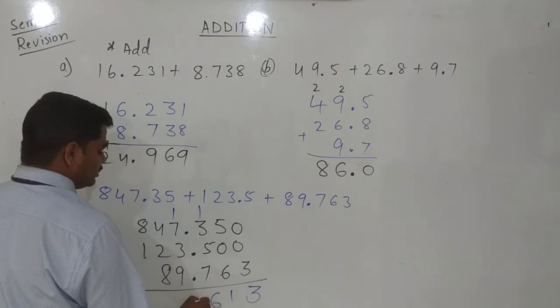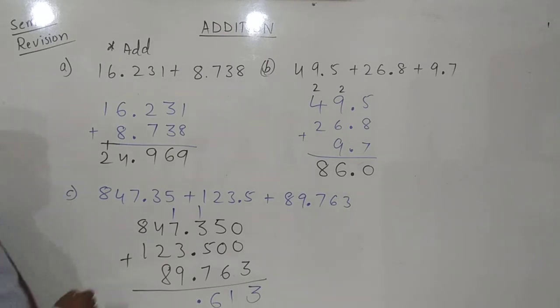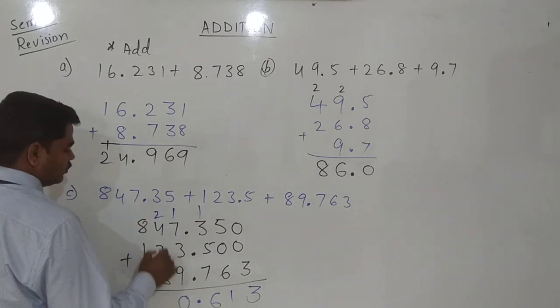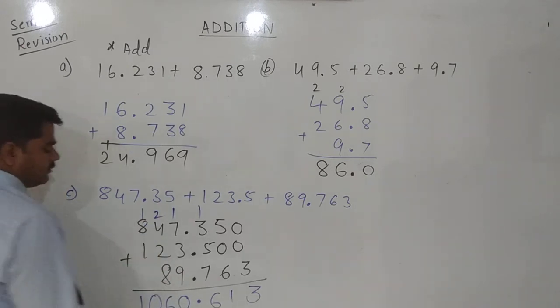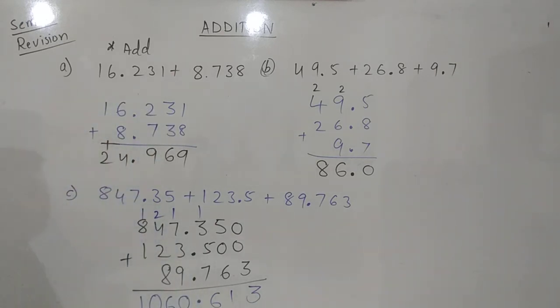Decimal point. Then 1 plus 7 plus 8 plus 3, 11, plus 9, 20. 2 plus 6 plus 8 plus 8, 16. What is the sum? 1060.613 is the sum. Clear?